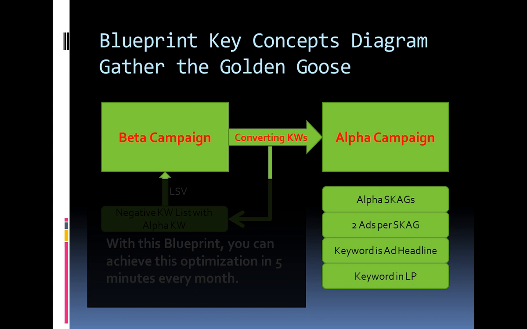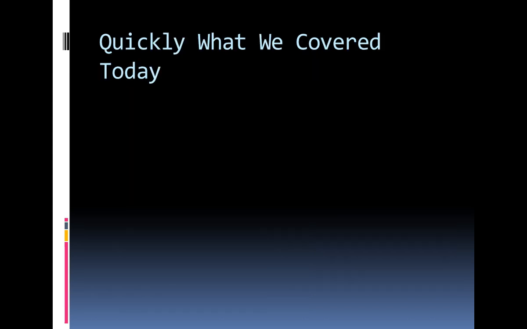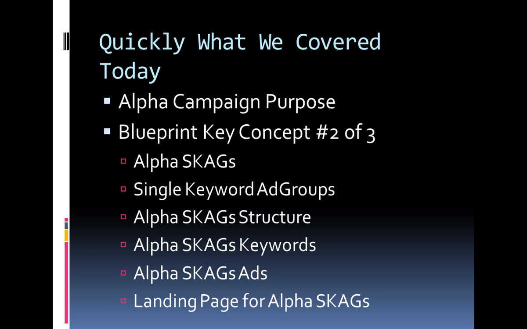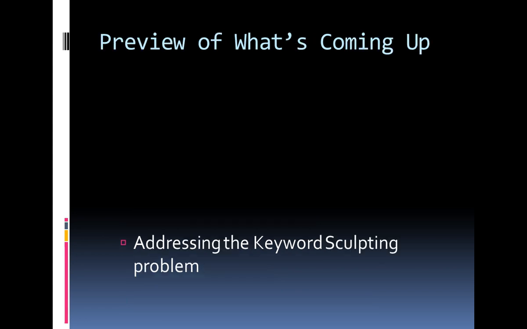Quickly, what we covered today: we talked about the alpha campaign purpose. Then we talked about the blueprint key concept number 2: alpha SKAG structure, alpha SKAG keywords, alpha SKAG ads, and then the landing page for alpha SKAGs.